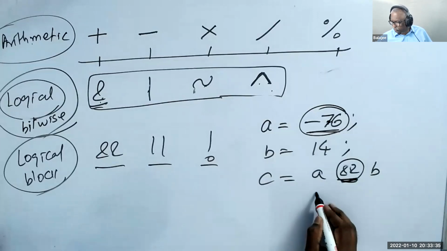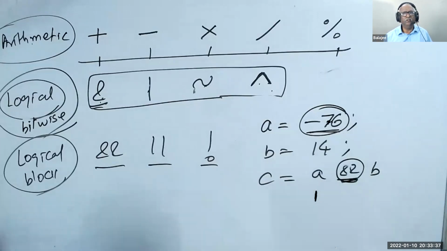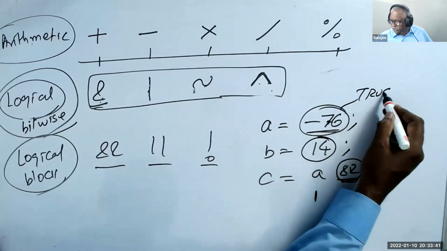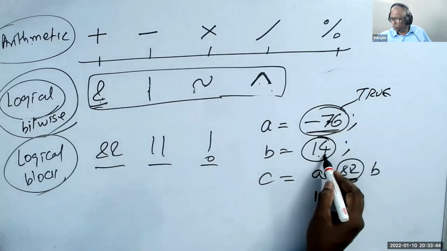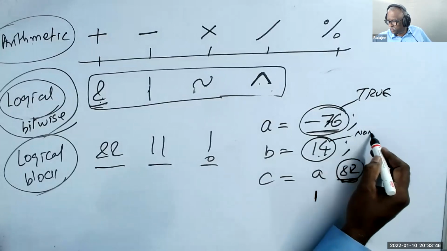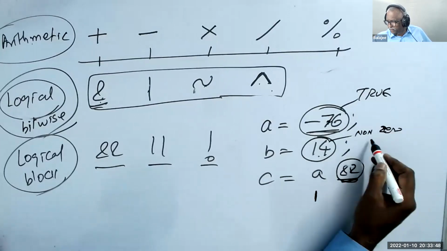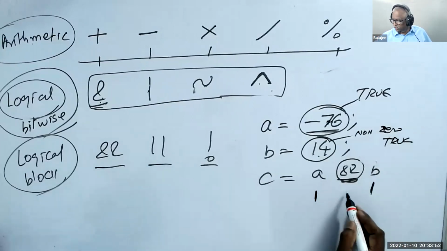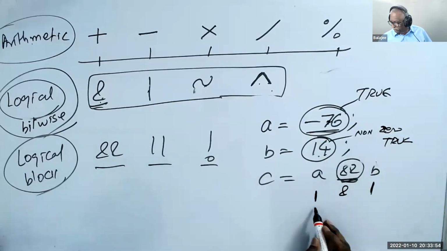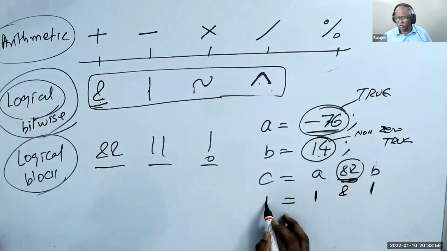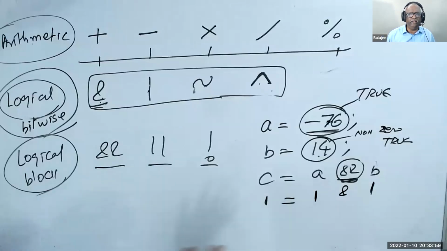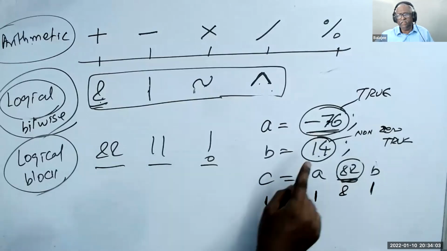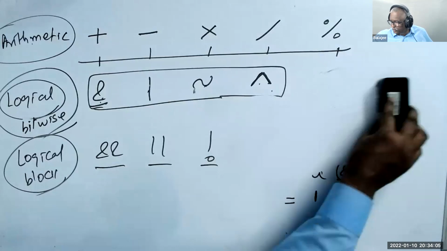A becomes 1 now. This is true. Now 14 is non-zero, so that becomes true, that becomes 1. So I do the AND operation, so C becomes 1. You get that or not? If you don't get it, ask me now. I see only the block. This is very simple for you. In 2 minutes it will help you.